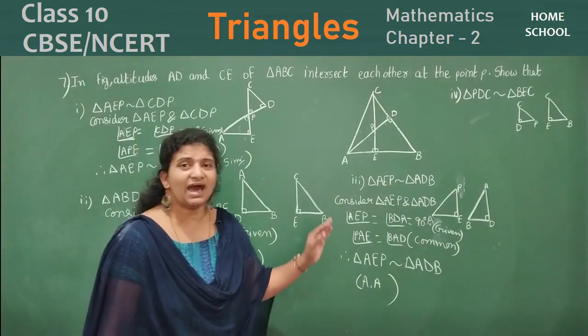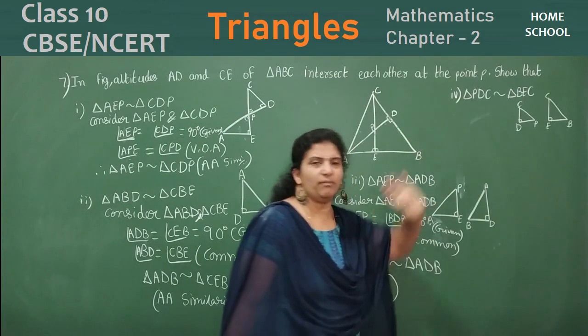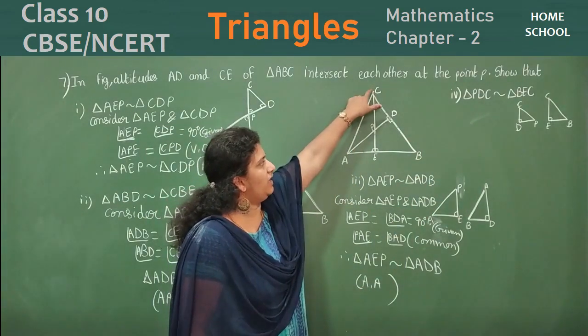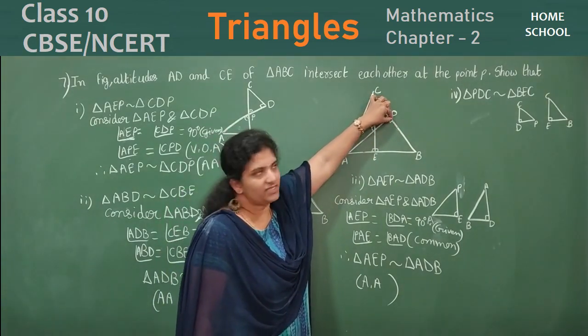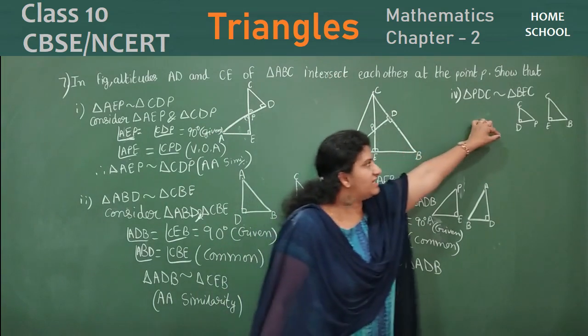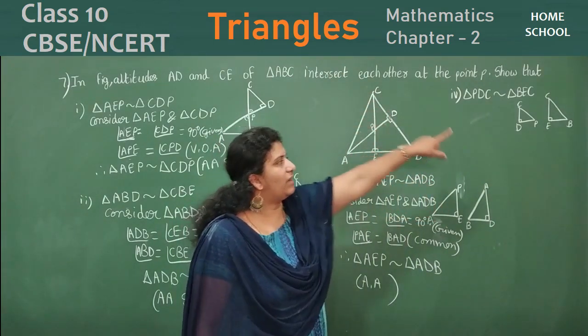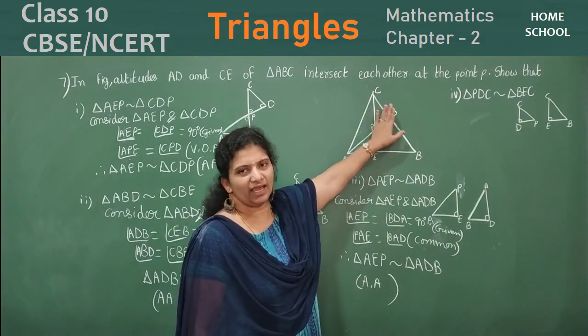So let's see the last sub-question in this main question, that is CDP triangle. Observe CDP triangle here, children. CDP. So lift this D up and I'm going to place it like this. CDP, and one more, CEB. Why? CEB was already there in right angle triangle form.